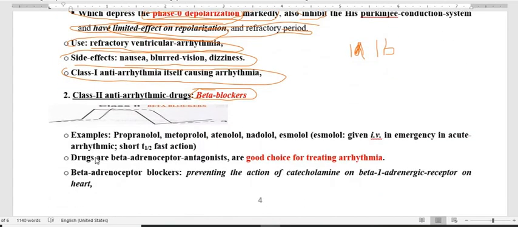Now we have to go through the class 2 antiarrhythmic drugs, which we call the beta blockers.